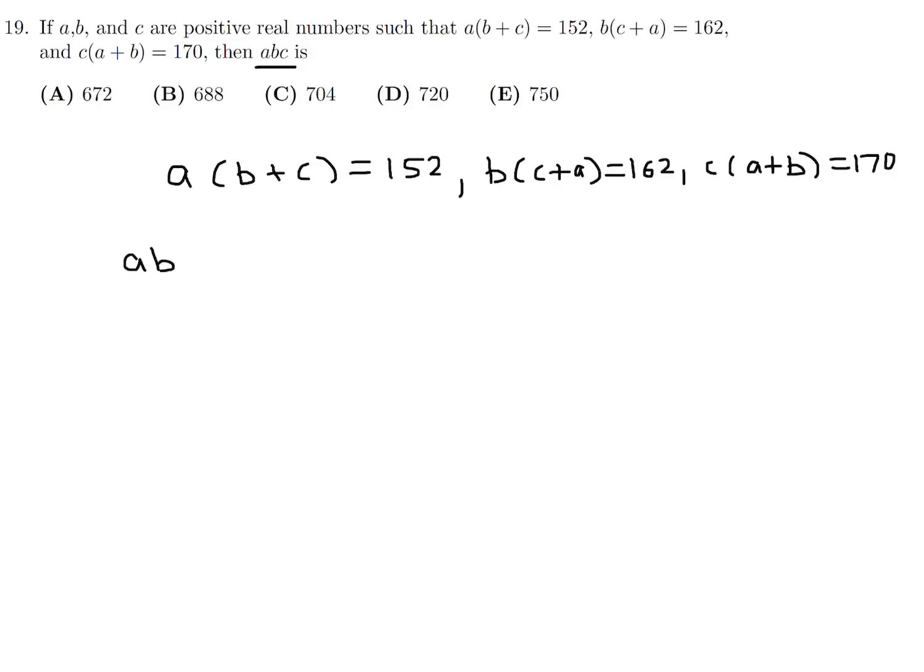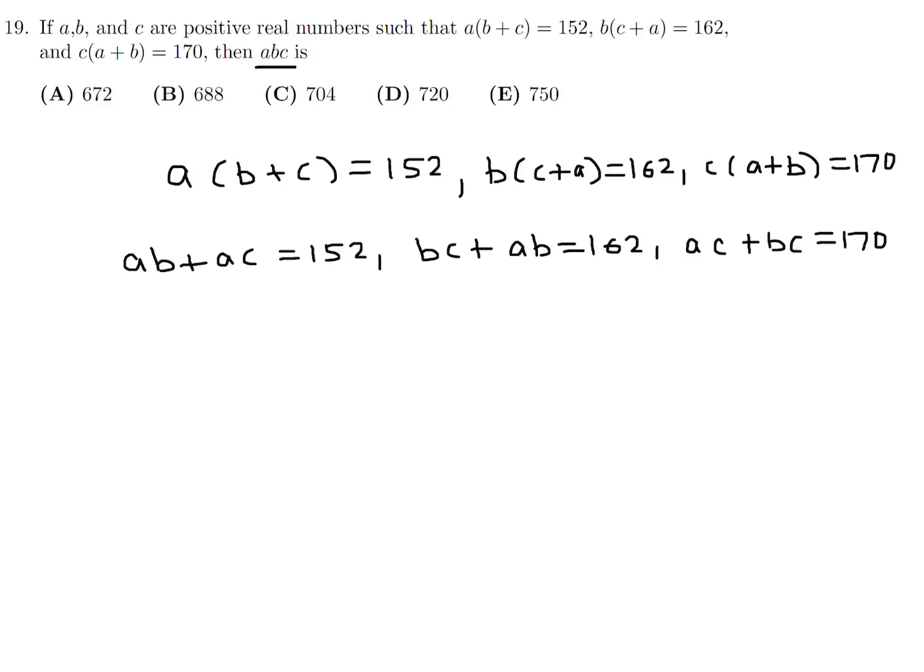Expand, I guess. AB plus AC is equal to 152. BC plus AB is equal to 162. And AC plus BC is equal to 170. Correct? And now where would you like to go from here? A lot of possibilities, a lot of variations of how to solve this.